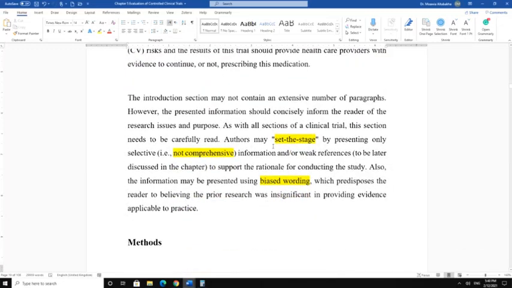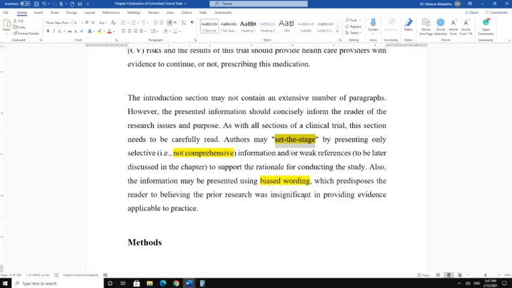Okay. But how do I assess or evaluate the introduction? You need to know that authors tend to set the stage, to prepare the theater, in order for people to present something. In the same way, they might take you with them so that you think that their work is unique. Yes, they have something, right, but actually they have not made a comprehensive search, and their search was weak or based on weak references.